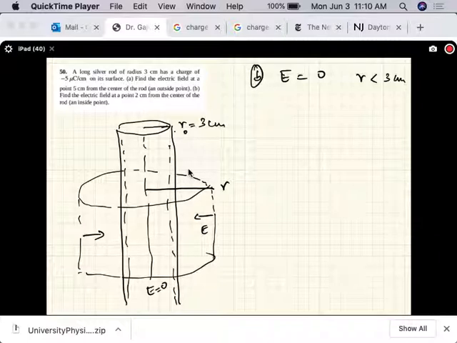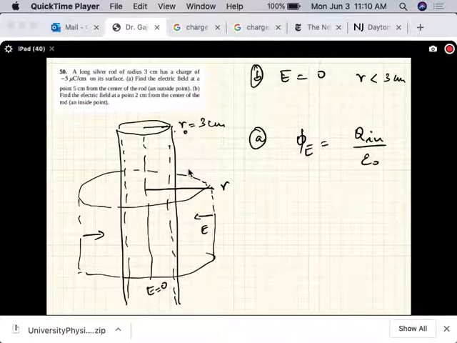Okay, and we are using Gauss's law, so the electric flux is equal to charge inside divided by epsilon naught, and here's the electric field. The top and the bottom surface of this cylinder do not contribute any flux because the electric field from the symmetry is parallel to the surface. Only this portion contributes to the flux.